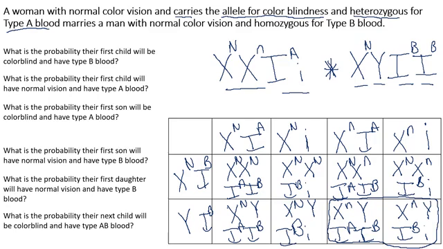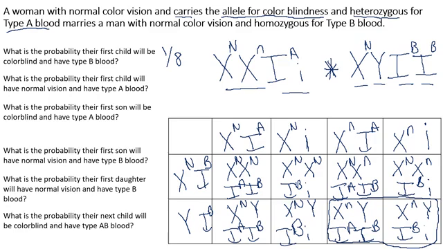So we have two males. Which ones have B? It says their first child, so out of all 8 of those, only 1 out of the 8, or 1/8, will be colorblind and type B blood.